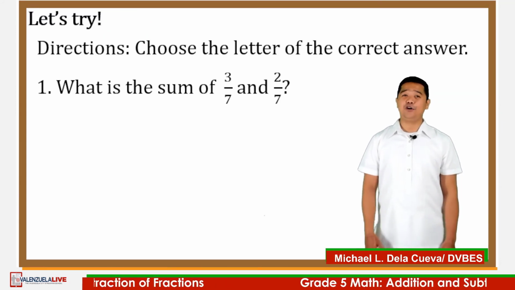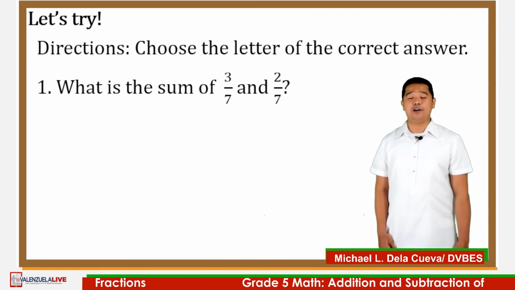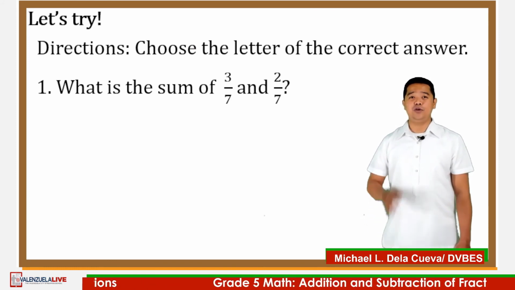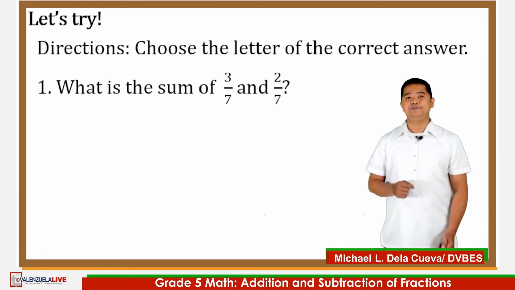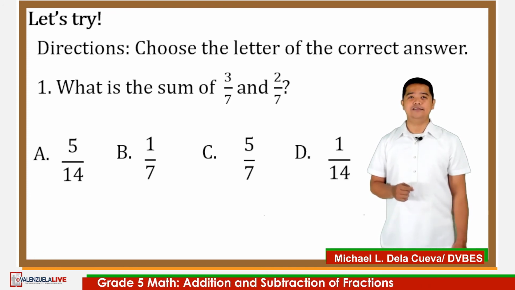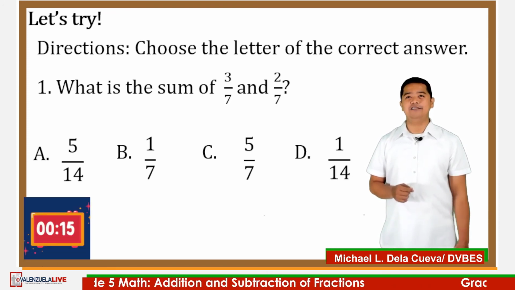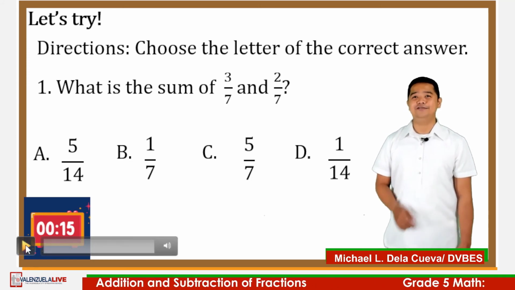Okay, so for your activity, let us choose the letter of the correct answer. Again, you can use your comment section to type your answer. What is the sum of 3/7 and 2/7? Okay, you have 15 seconds and your timer starts now.